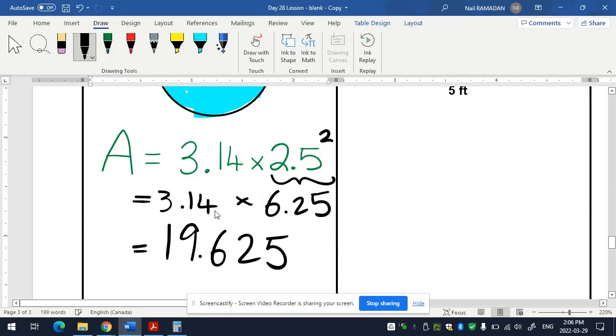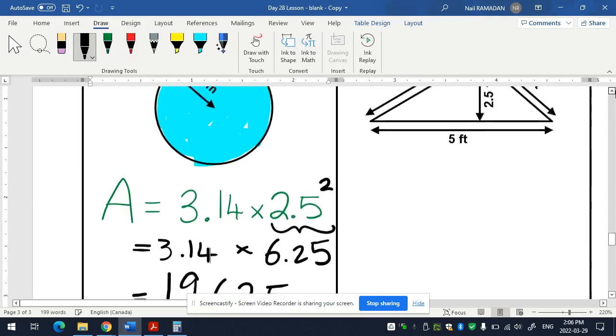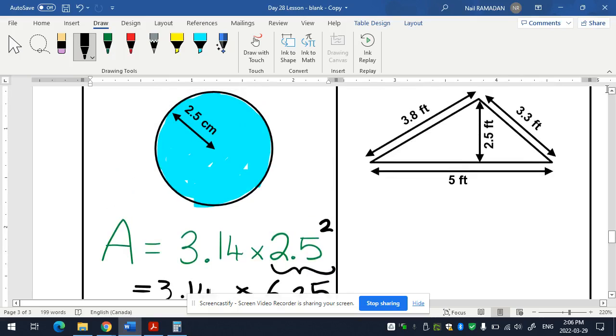Here's my question now. 19.625. What's the unit of measurement here? Are we doing a perimeter now or the area inside? How do you always measure the area inside? Using the same unit, but you put a square on top. Remember, when you rent an apartment, everyone's asking you, how big is the square footage?